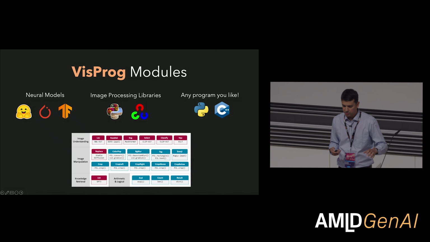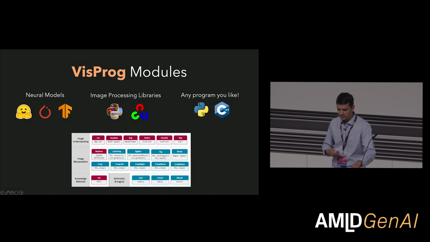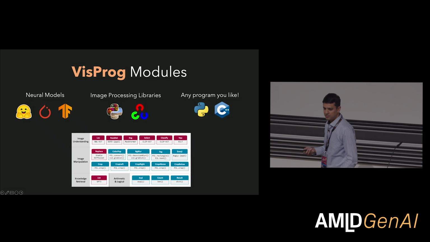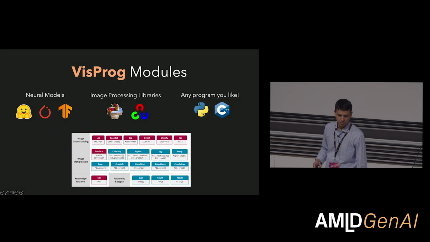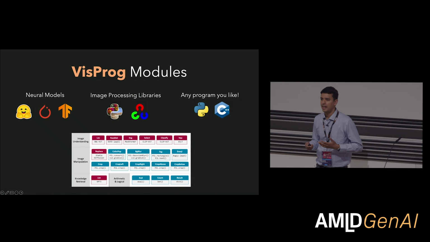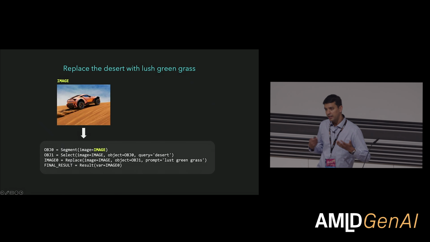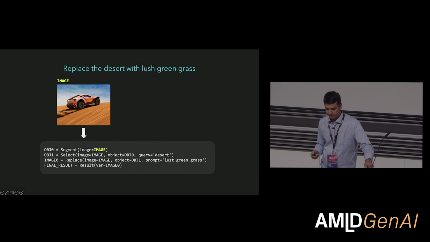And VisProg supports models from Hugging Face and PyTorch vision libraries and TensorFlow and so on. It also supports more traditional libraries that I used to use as a graduate student, like OpenCV. And really, any program that can be cleanly executed can be supported in this paradigm of visual programming.